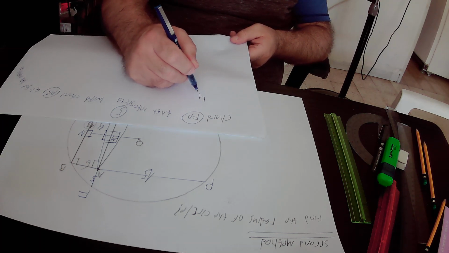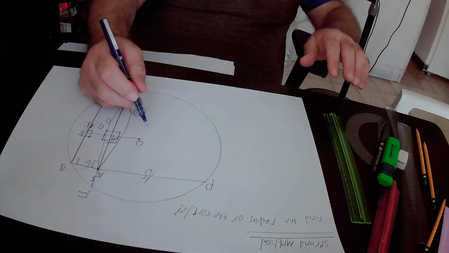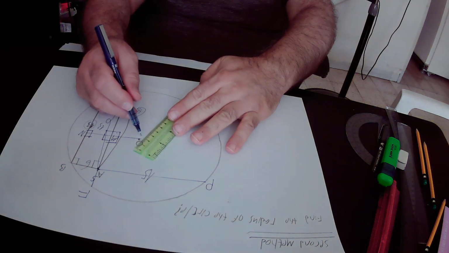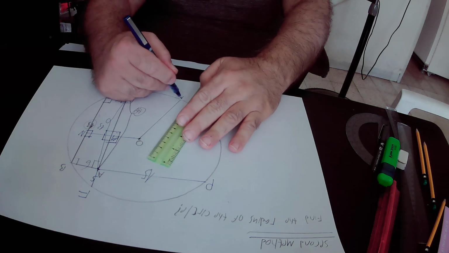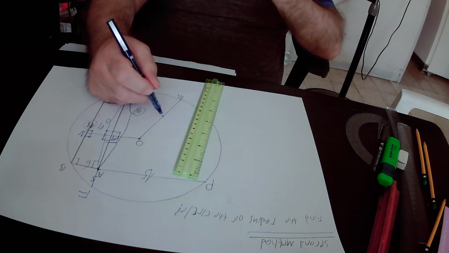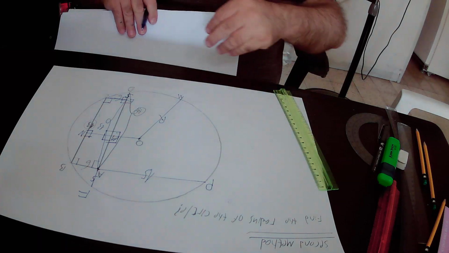4 times capital R squared. Here, point O is the center of the circle. Point M is the point of the circle itself, therefore OM is the radius of this circle that we will define as capital R. So capital R is the radius of this circle.